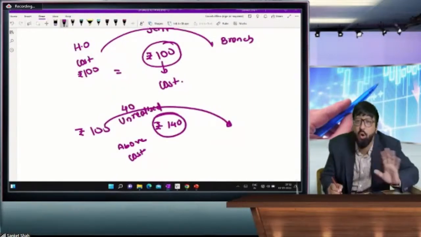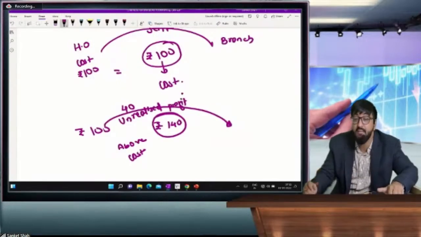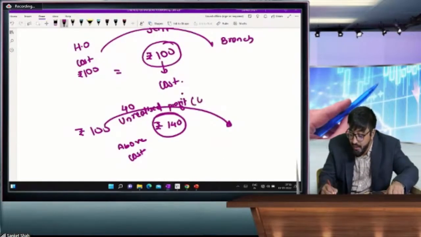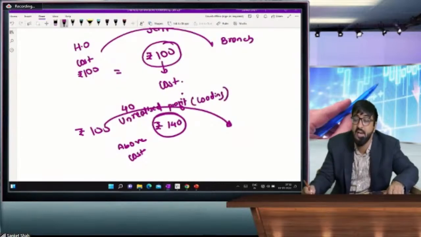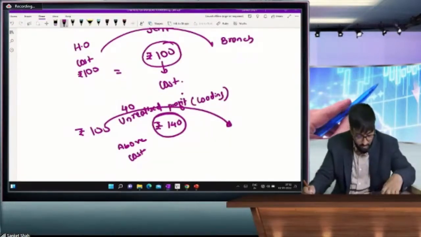Unrealized means you have not received it in cash. It is called as unrealized profit, and this is why we are going to cancel it. And in accounting language, it is called as loading. Understood the concept? Very easy. So unrealized profit we are going to cancel, and how to cancel it, that is the illustration part. So wait for some time. Okay.